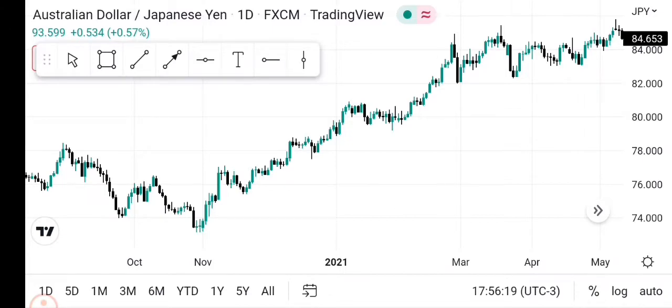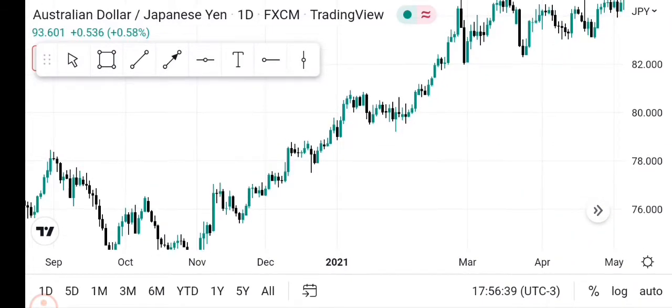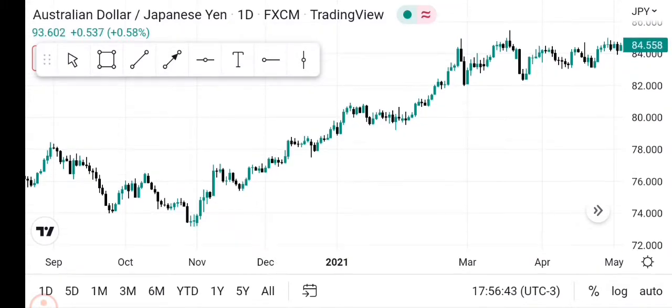And the definition for a trending market is a market that has higher highs and higher lows in an uptrend, and has lower lows and lower highs in a downtrend. Now, let's take a look at this chart right here.